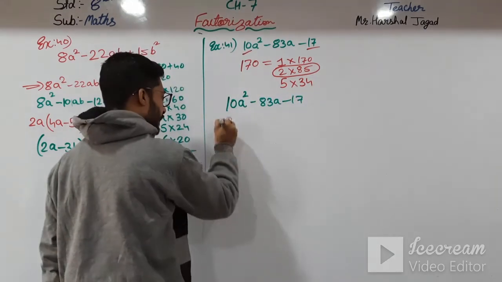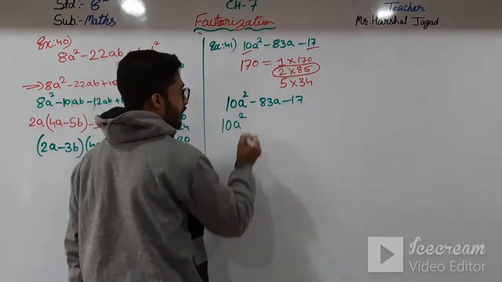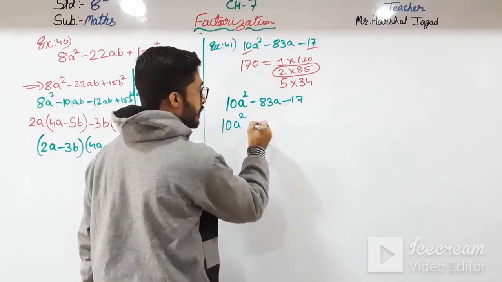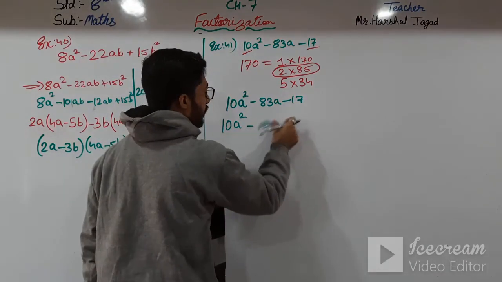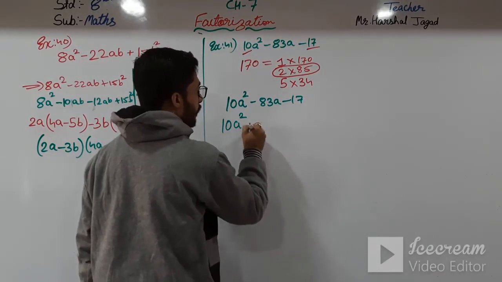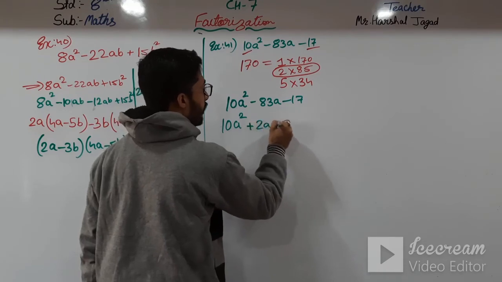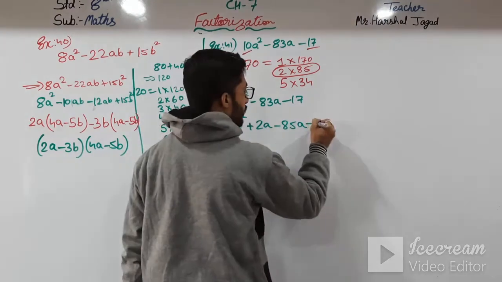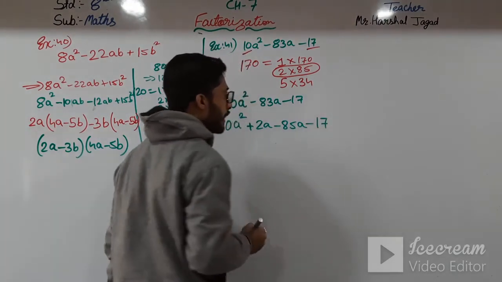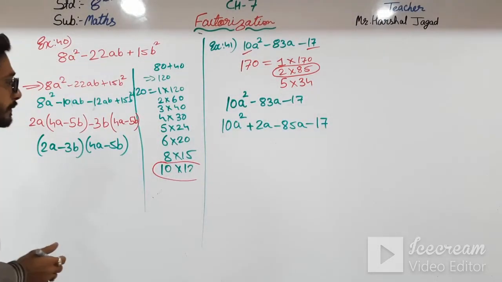So here 10a square, here it is minus, so minus, here we will take plus 2a minus 85a minus 17. Okay, minus 17.